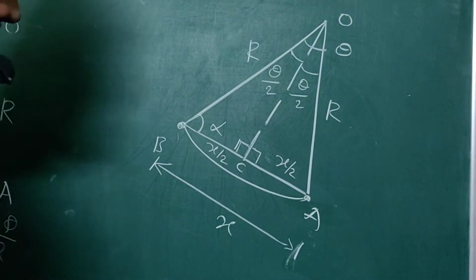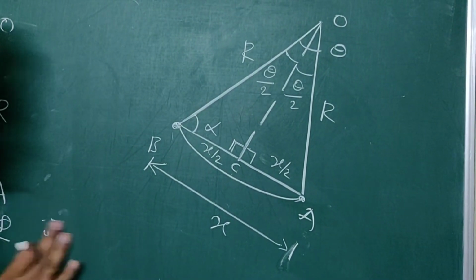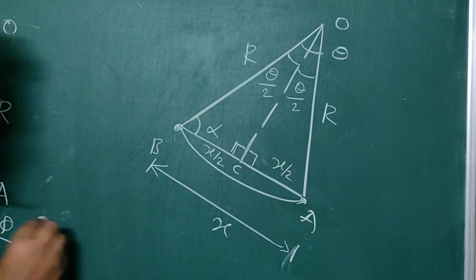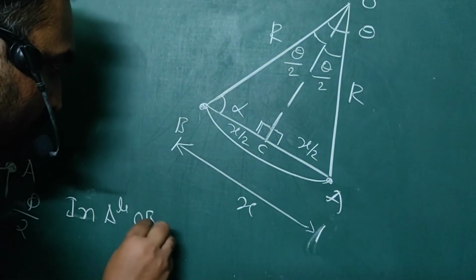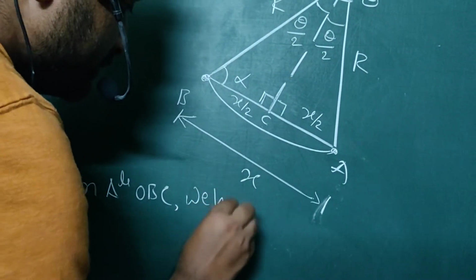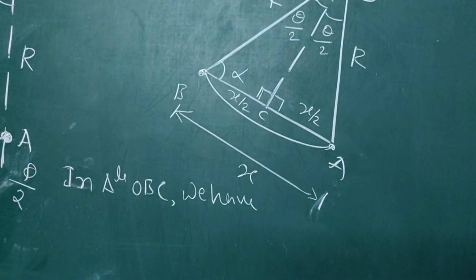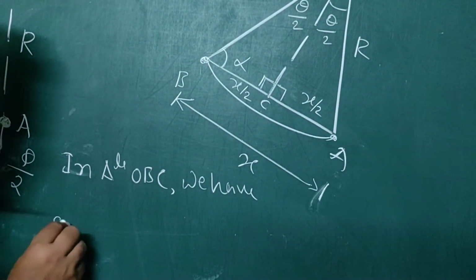Now, in triangle OBC, what is sine theta by 2?